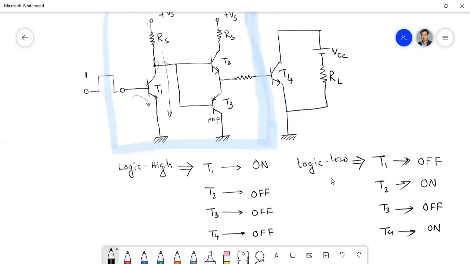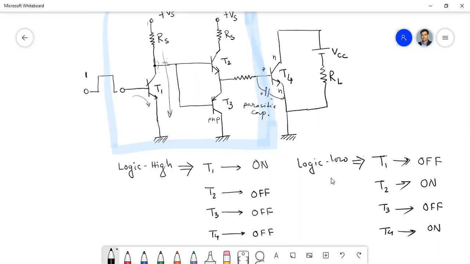Okay, so between this junction, basically this is your N, this is your P, and this is your N, isn't it? Now between this P and N you have a parasitic capacitance. This parasitic capacitance stores some charge.